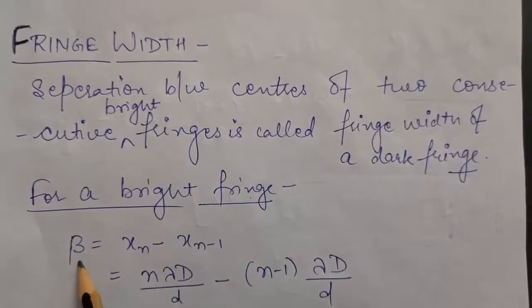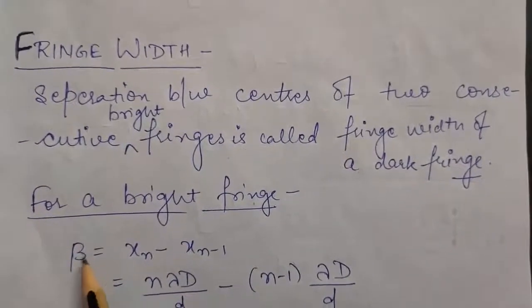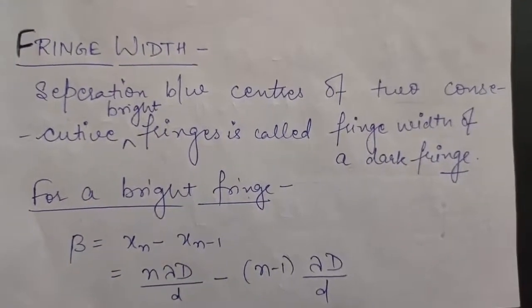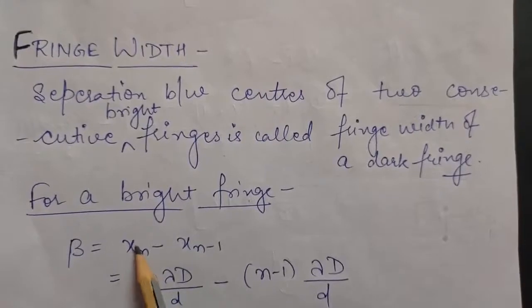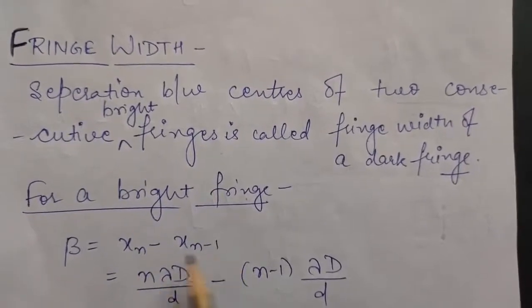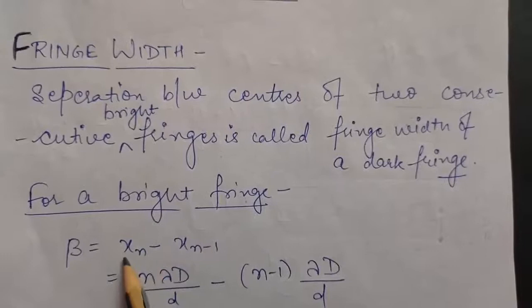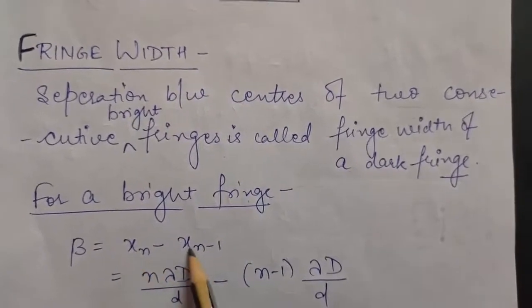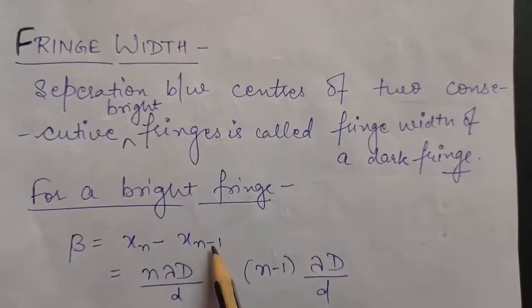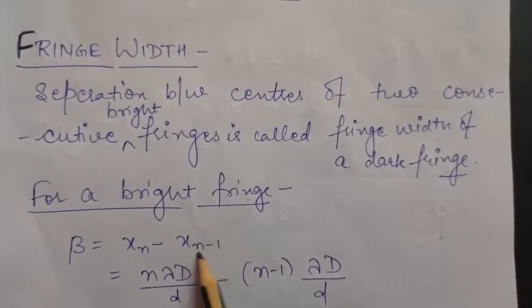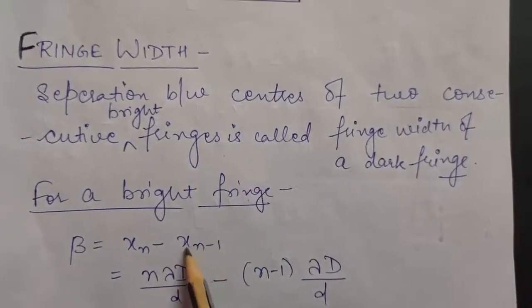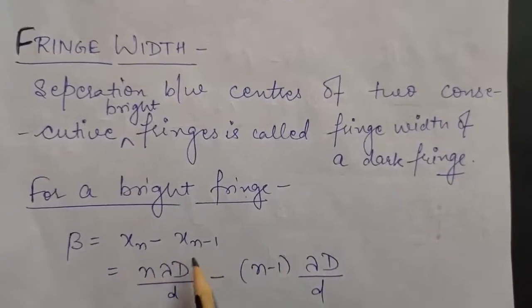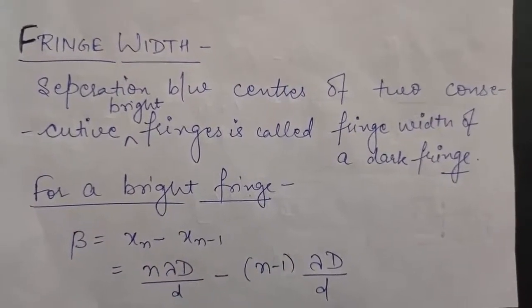Beta is nothing but your fringe width, that is, we will be denoting fringe width by beta. To calculate it, we will take xn minus x(n minus 1), where xn is the distance of the nth bright fringe from the central maxima, and x(n minus 1) is the distance of the (n minus 1)th bright fringe from central maxima. So these will be two consecutive bright fringes. Let us calculate the distance between them. That will be the fringe width of a dark fringe.